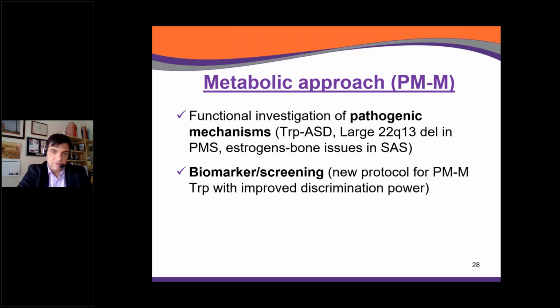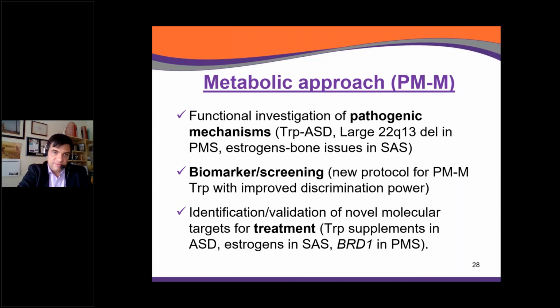So if we think about the average diagnostic age, which is 3 years old, the metabolic profile of these individuals must be detectable, and we did have some early cases at a very early age. So it might help at least to identify individuals, for example, in families where we saw there is a high recurrence risk that might actually have a higher risk for developing ASD.